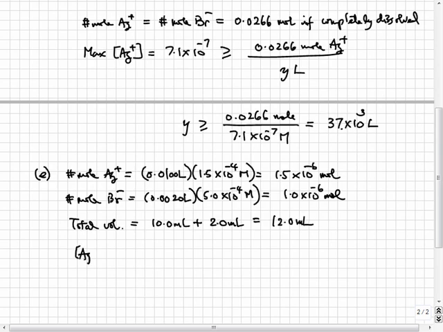So we divide the number of moles of Ag+ and Br- by the total volume to get the initial concentrations of Ag+ and Br-.